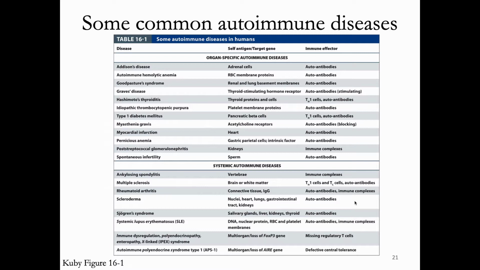And on the right, you can see that we have a listing of immune effectors. What type of immune response is responsible for the destruction? So for example, in Addison's disease, adrenal cells are targeted, and adrenal cells are damaged by autoantibodies.